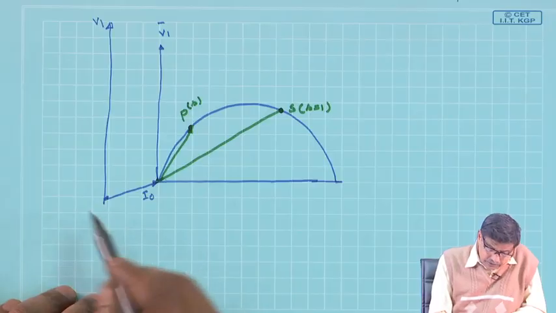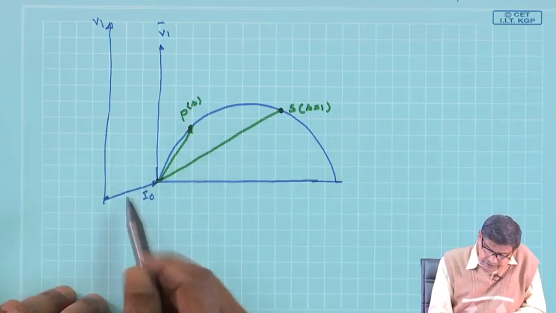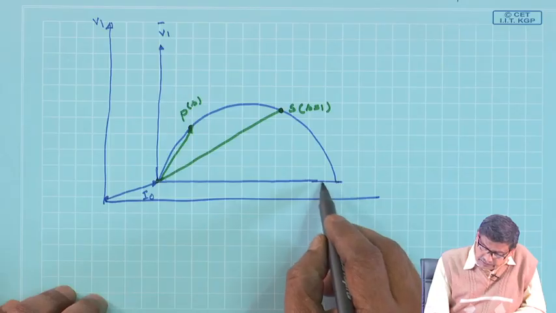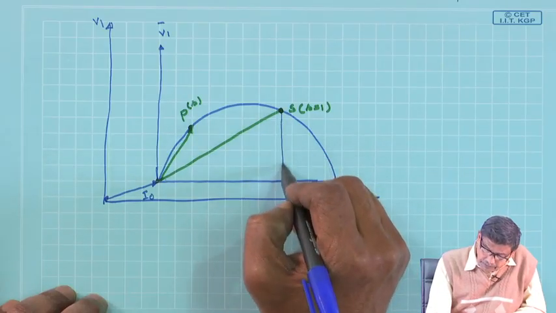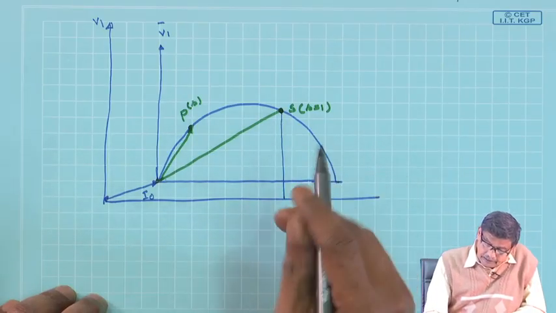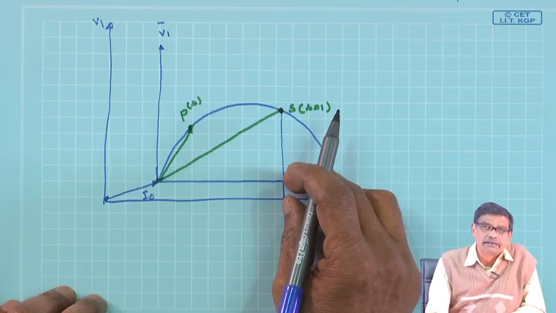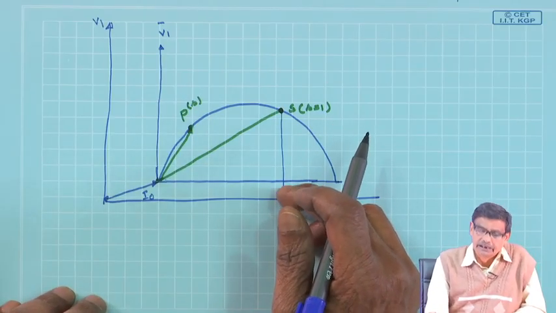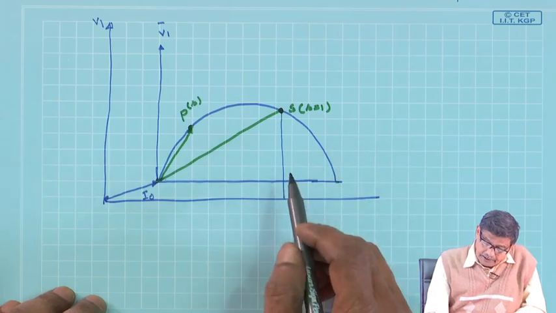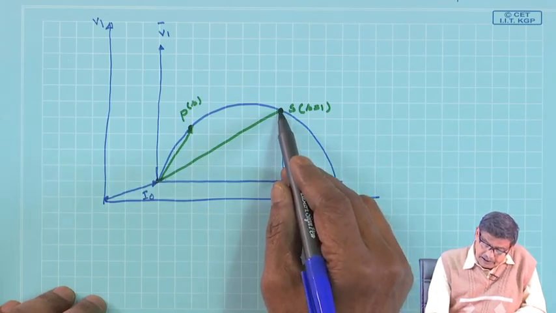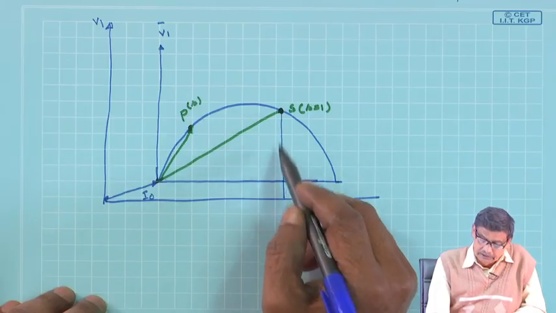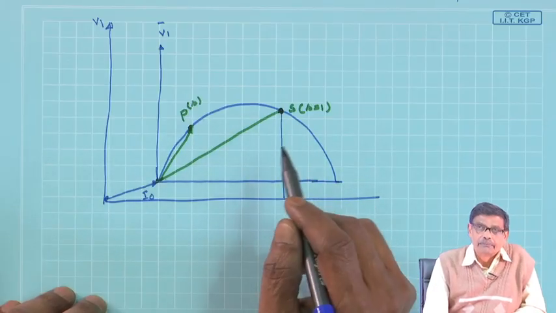Then, just recollecting very quickly, what I told: if you drop a perpendicular here, this vertical length in some other scale will represent the constant losses of the induction motor, and this will be at S equal to 1 the total input power.